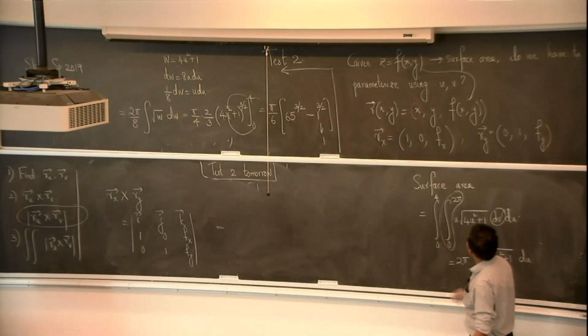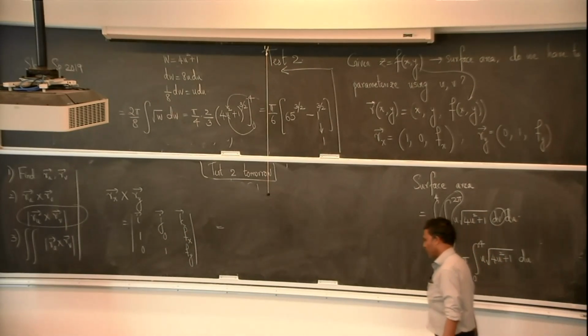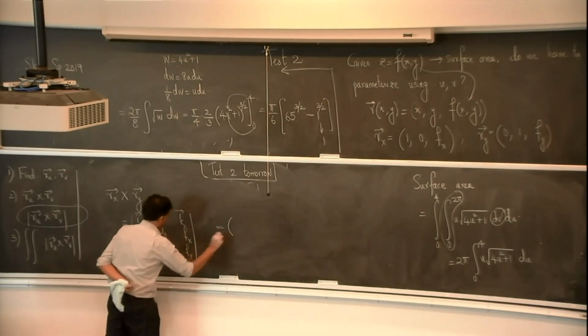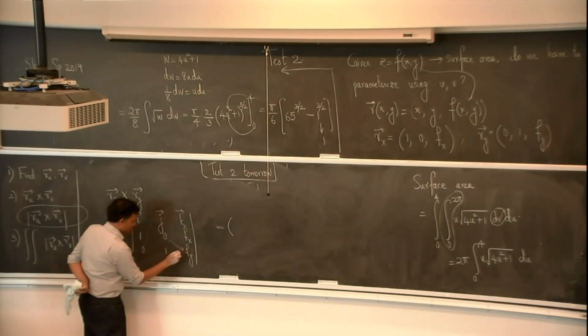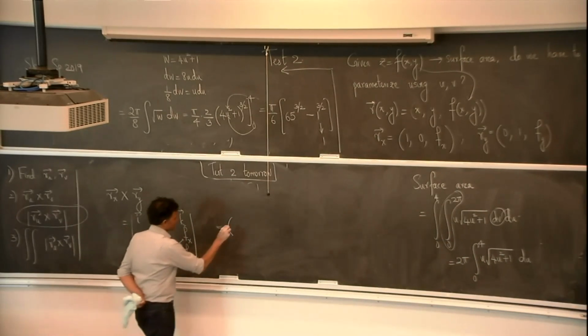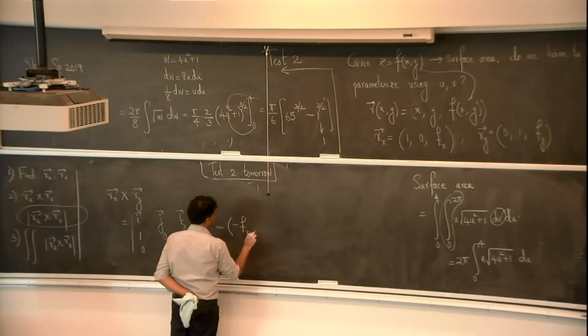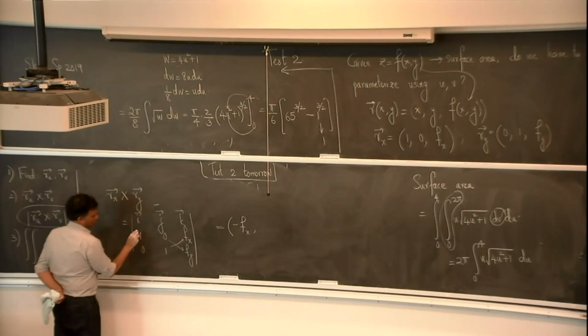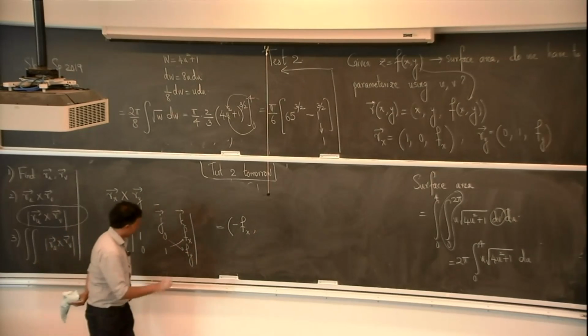All I'm doing is just sticking with my original variables x and y instead of using a new parametric form. So this vector would be, well, the first one would be 0 minus fx, that's negative fx. The second component is negative, that's going to be just 1 times fy, so it's negative fy.